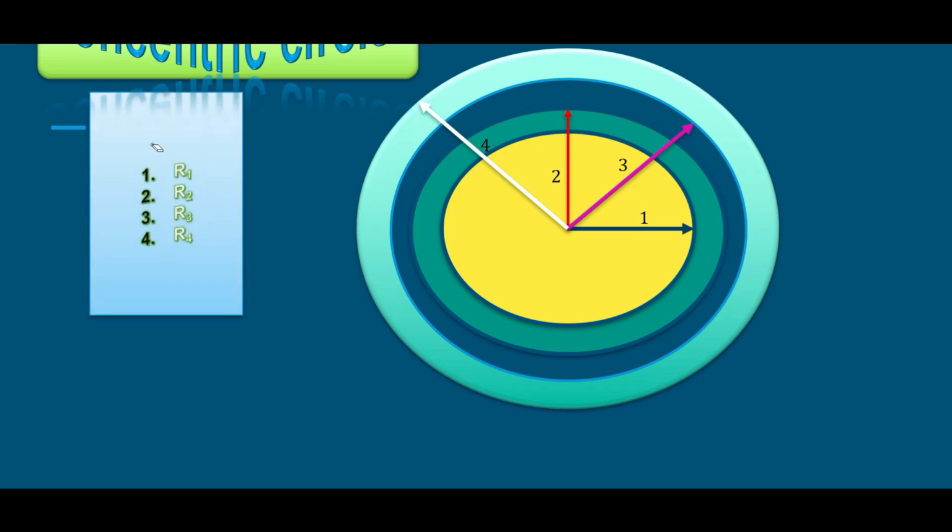Here you can observe circles having radii r1, r2, r3 and r4. To design a circle, first we need the center, and after that we need the radius. Then only will we be able to draw the circle.